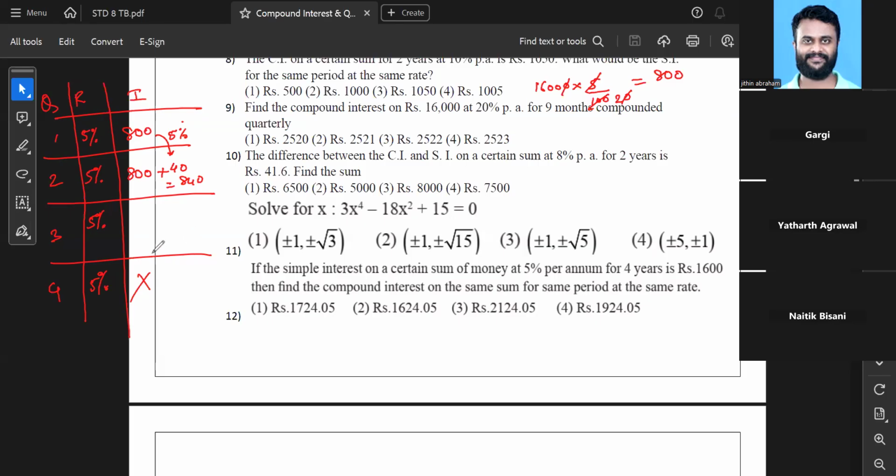Do you understand this? Now in the next quarter, what happens? 800 is still there. And the previous interest, whatever it was, we have to take 5% of all of it. That means we have to take 5% of this 800 as well.